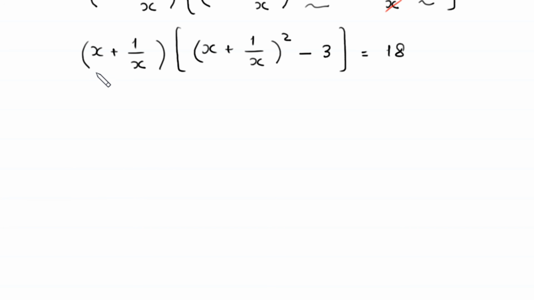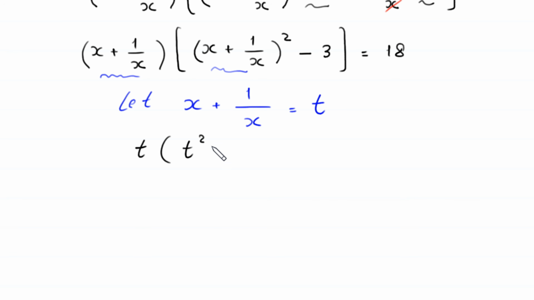Now we suppose that this x plus 1 over x is equal to t. Let x plus 1 over x is equal to t. So this equation will become t times t squared minus 3 is equal to 18.